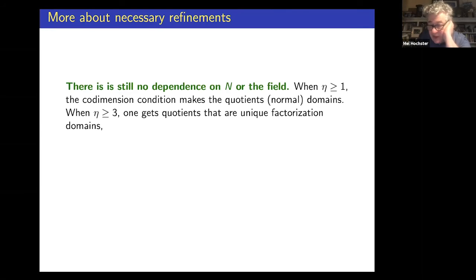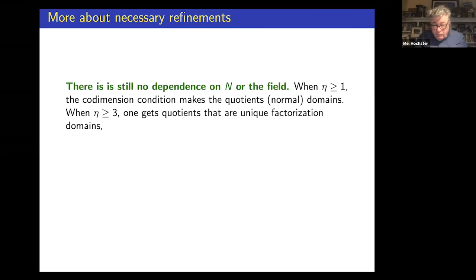And this is saying when you have that large strength, when you kill any subset of independent elements in this vector space, the quotient is a variety, and the ring you get is a unique factorization domain. And already when eta is 1, you're getting integral domains, no matter which elements you kill in the sequence.